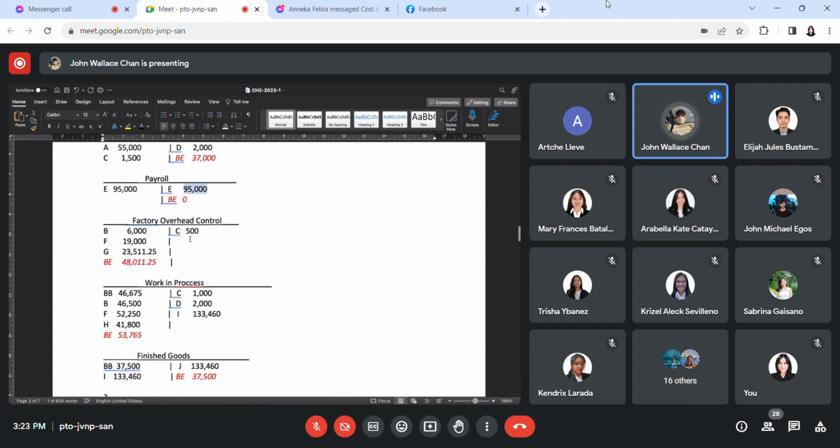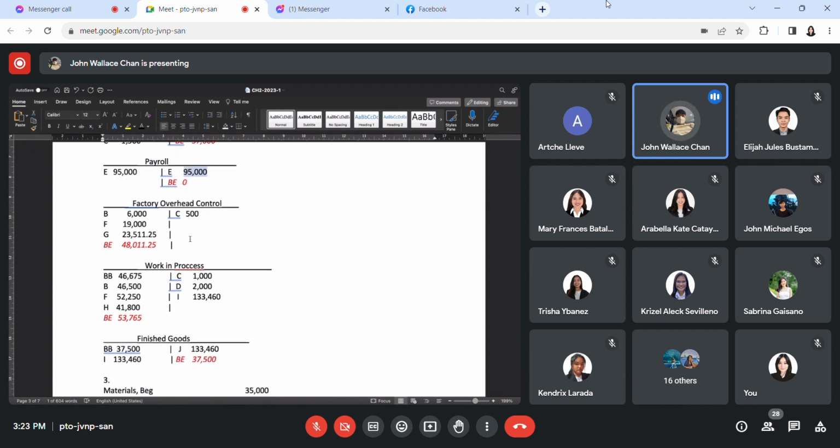For our factory overhead control, this contains all our indirect costs. So we had a debit for those indirect costs in letter B. In transaction B, kaya it says here na 6,000 was for indirect materials, so we add that in our debit side. If we take a look at transaction F, we added 19,000 for the indirect labor costs.